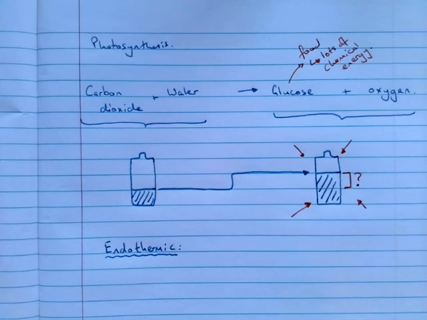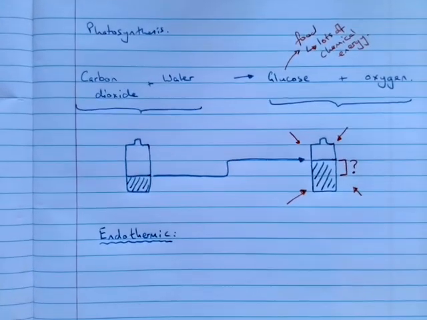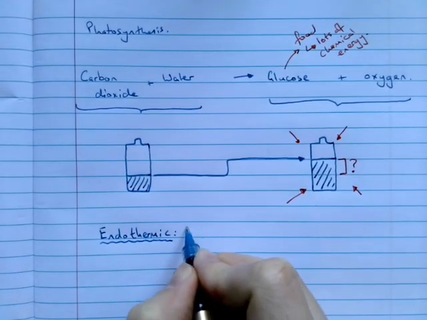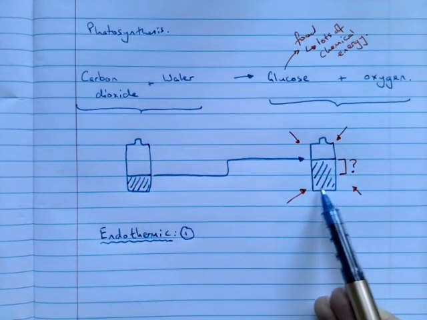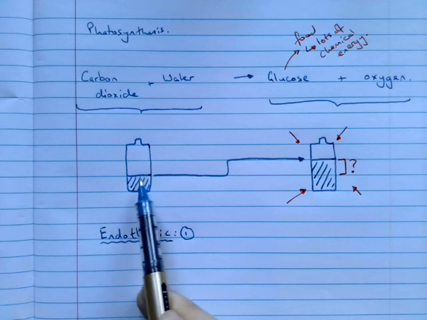So we can also say a few things about endothermic reactions. Number one, we can see that the chemical energy in the products is now higher than the chemical energy in the reactants.